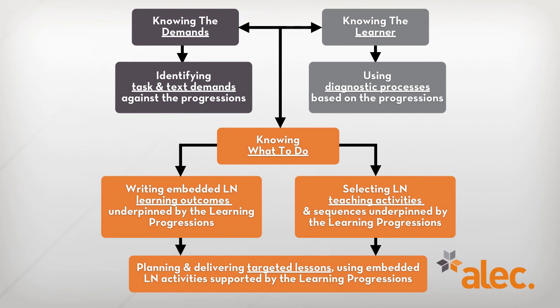Writing embedded literacy and numeracy learning outcomes that are underpinned by the progressions, selecting the literacy and numeracy focused teaching activities that you need to be delivering, and these of course again are underpinned by the learning progressions, planning and delivering targeted lessons, and using the embedded literacy and numeracy activities that you've created or adapted that are again supported by the learning progressions.